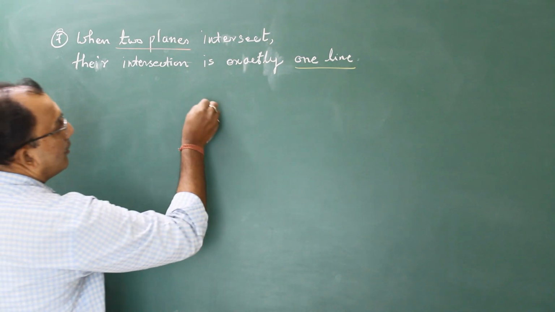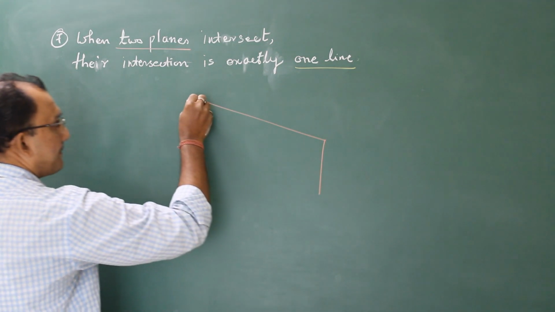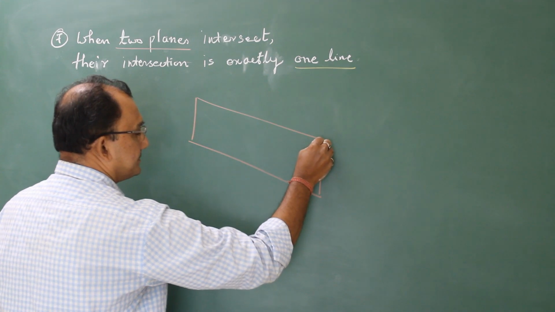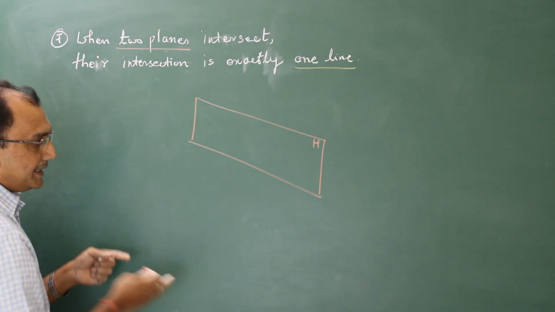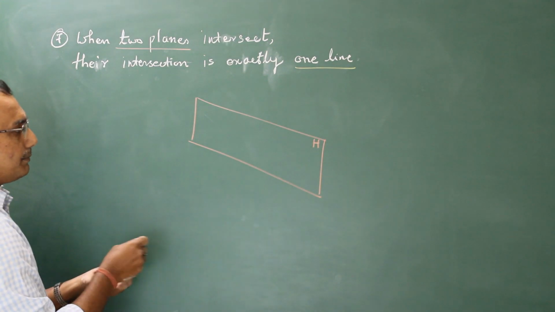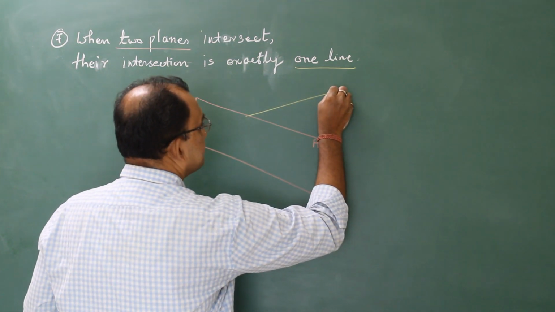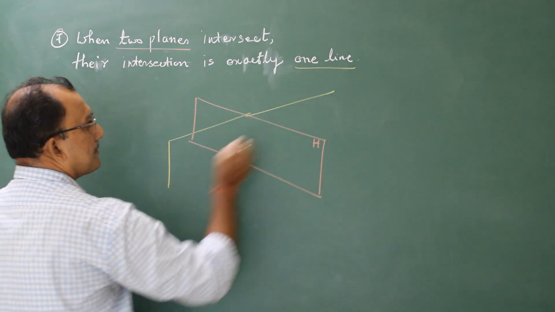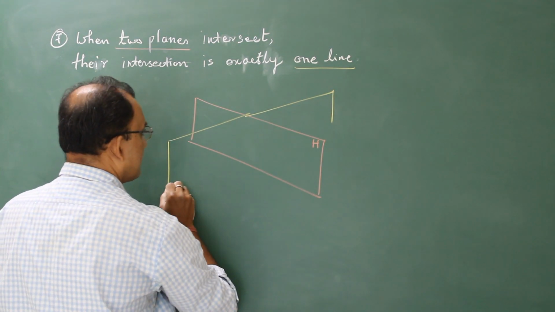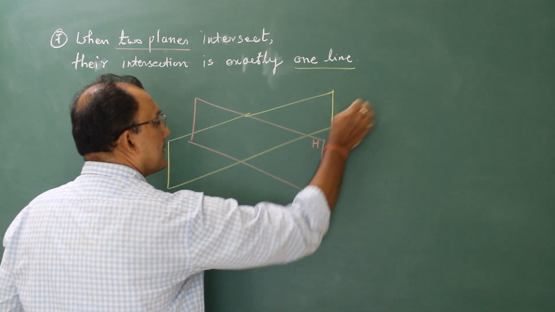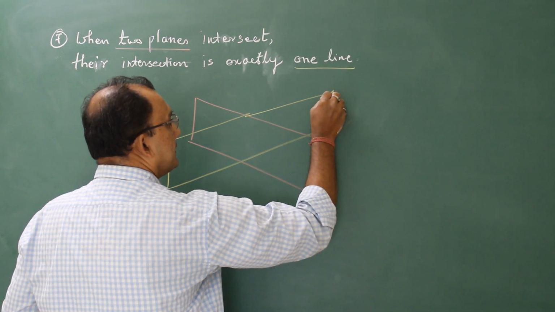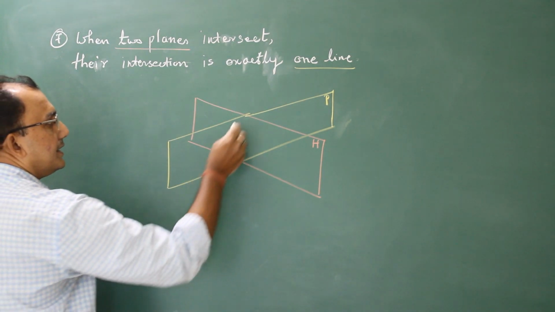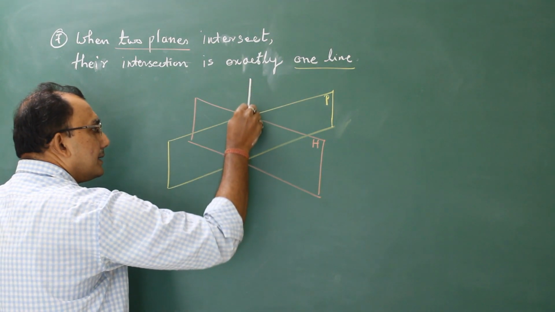We will have one plane, plane H. Now this plane intersects with one more plane, plane P. The intersection of two planes gives rise to one line.